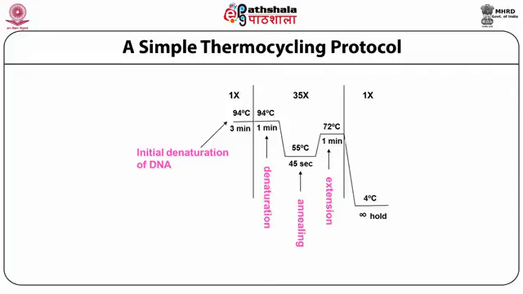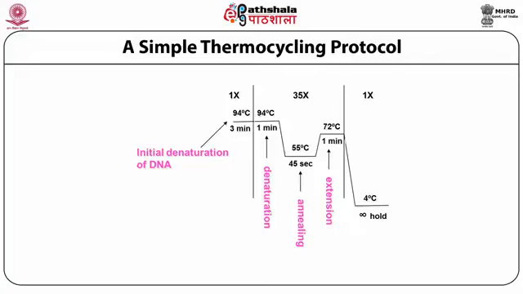Most importantly, for plasmid DNA the template concentration should be 10 to 20 picogram, but for genomic DNA we must take at least 0.5 to 1 microgram of DNA as starter material. And this is called the first cycle of denaturation.